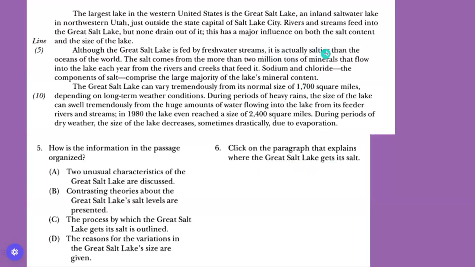It is actually saltier than the oceans of the world. Do you agree? Yes, it makes sense? I read all, but I was focused on the first line. I think it was easy, maybe for the topic, but it's really easy if you discard the wrong answers and focus in general.